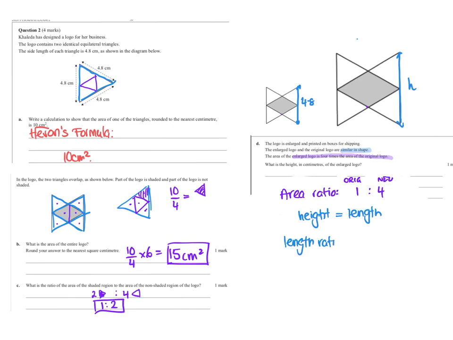If I find the length ratio, I do the square root of the area one, which is 1 to 2. So really, the height is 2 times larger. So 4.8 times 2, or you can still do it with your fractions and solve if you like. So we end up with the height of 9.6 centimeters. So height equals 9.6 centimeters.